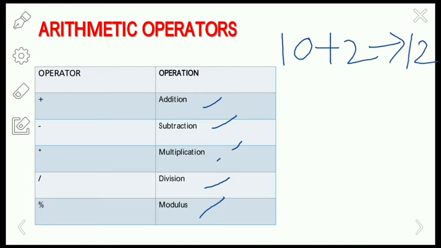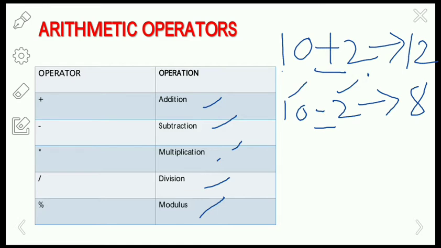Here the plus is the addition operator between the two operands 10 and 2. Similarly for subtraction, 10 minus 2 gives the answer 8. Here minus is the operator and 10 and 2 are the operands.